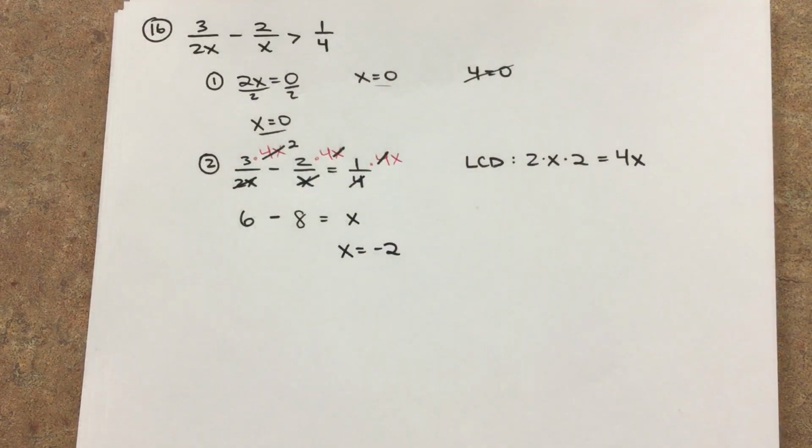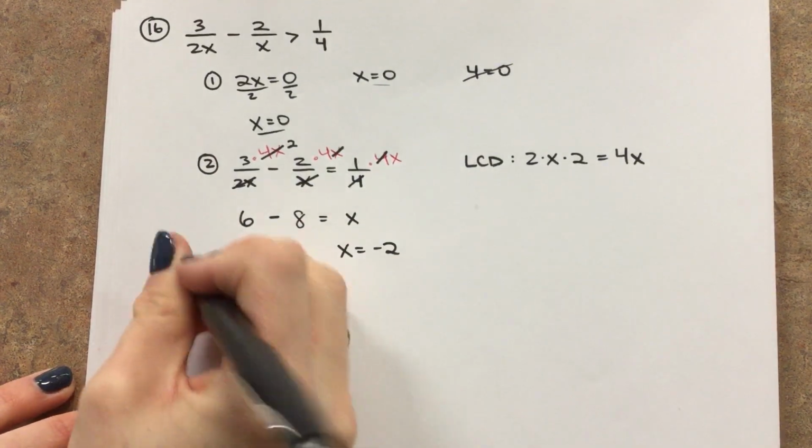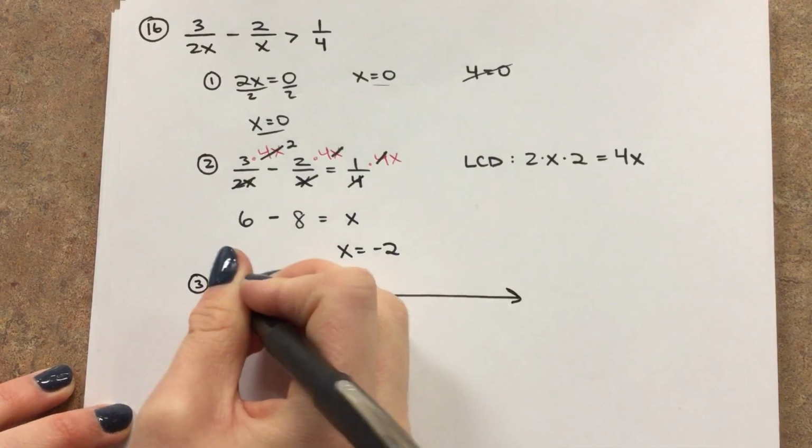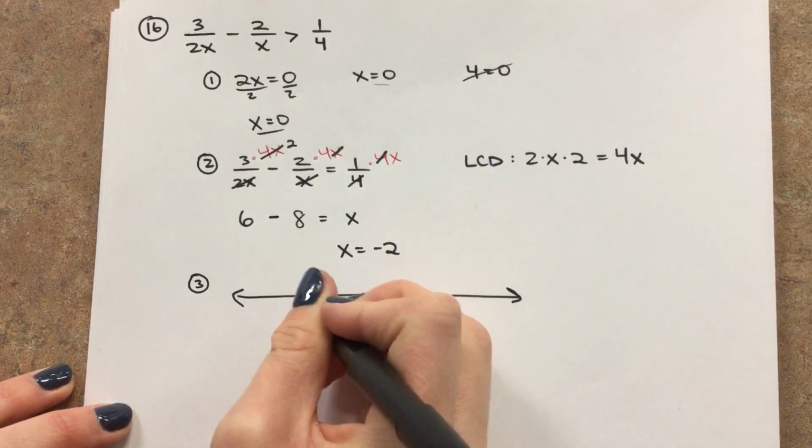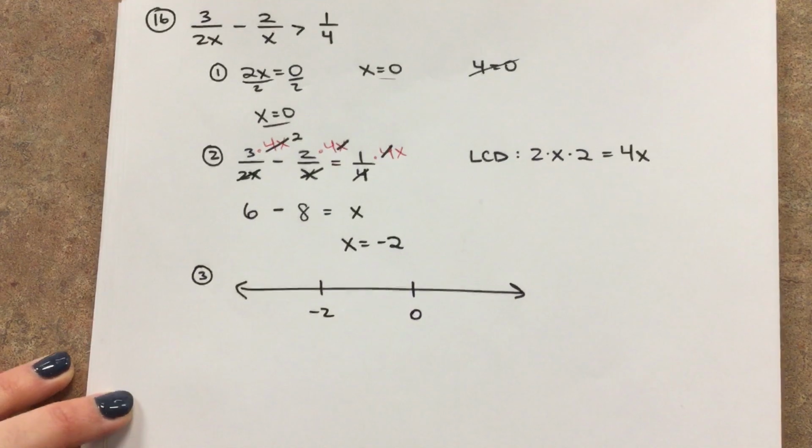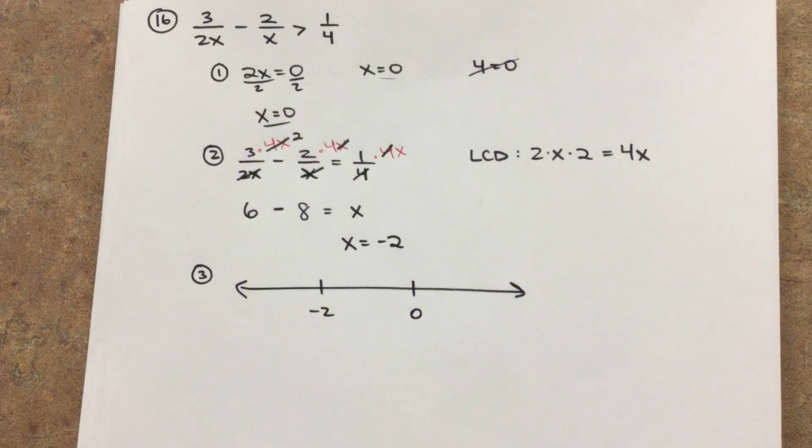I don't know if you guys remember 17 yesterday, we had 2 numbers from step 1 and 2 numbers from step 2, so that made a really complicated number line. This one, we've just got 1 number from step 1, 1 number from step 2. So step 3, you line up this whole number line, so you've got negative 2 and 0. And remember, make sure those are in numerical order.